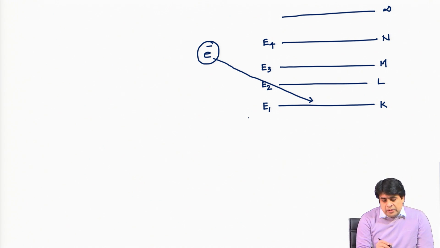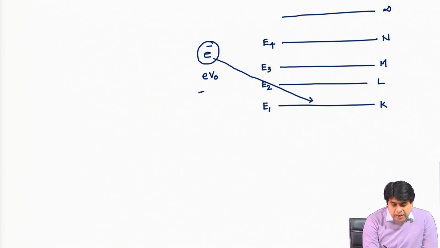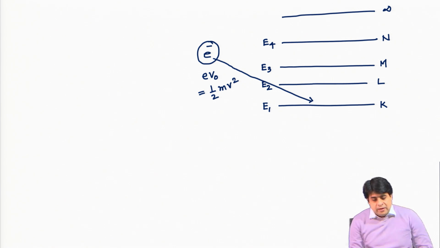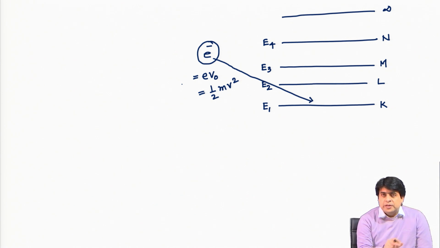So, this incident electron, which has charge e and potential difference V0, has a kinetic energy of half mv squared. If you see the energy of this incident electron, it is in thousands of electron volts. So, when it strikes the K shell, in the K shell you have 2 electrons.